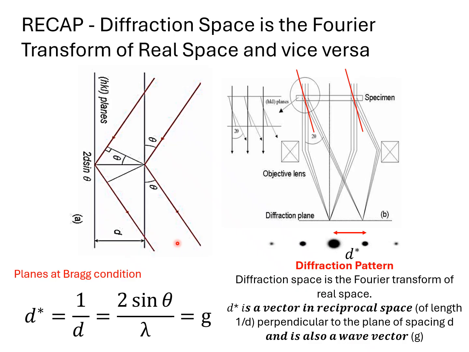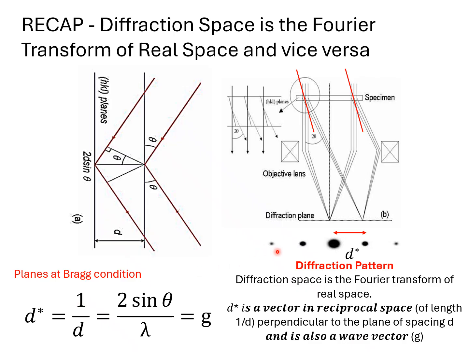Reciprocal space, just very briefly, is comprised of building up a series of points of the Fourier transform in this space, which has a direction perpendicular to the planes and a vector magnitude which is the reciprocal of the plane spacing.